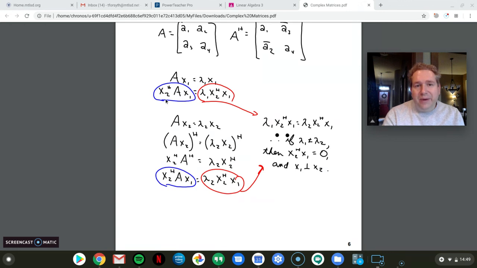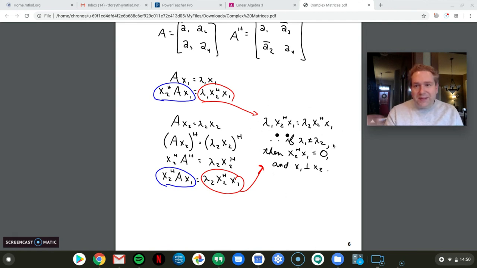I have in blue, I have A. Now I have, through simplification, A equals A Hermitian in this case, right? But I have x sub 2 Hermitian A x sub 1 equaling this and this in the same case. So if this blue equals each other, then the red have to equal each other. So over here, I'm setting them equal to each other.